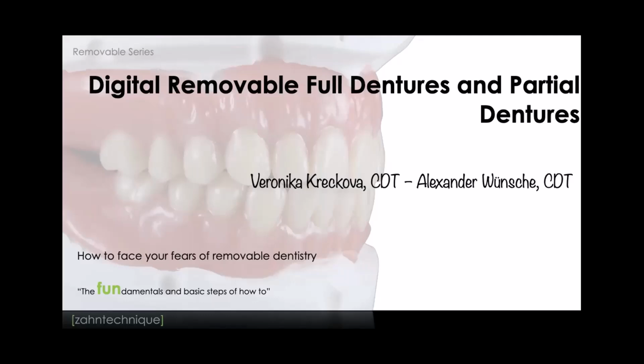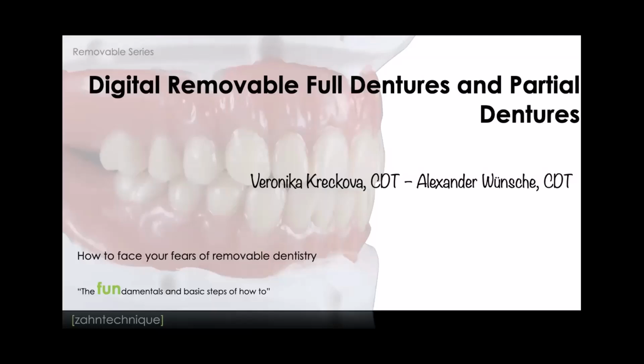So let's get right in. Removable full dentures and partial dentures, or digital removable dentures and partial dentures. I promised the last two times we'd focus a little more on partials, and we do have some more slides for partials. I also promised that at the end of our series we're going to do a bonus module just with partials.